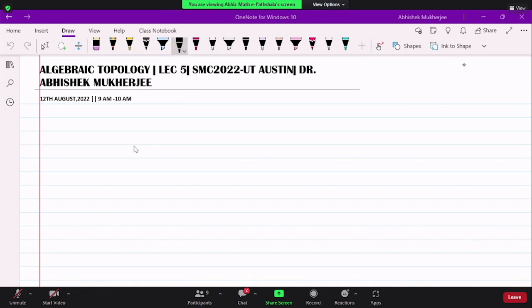So, today firstly we'll determine the fundamental group of the punctured plane.